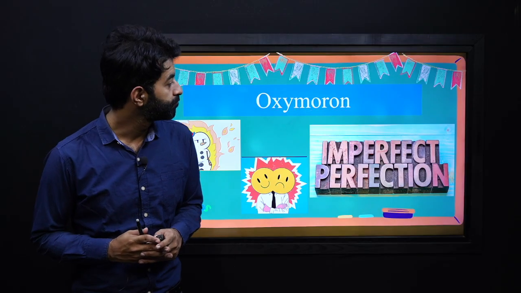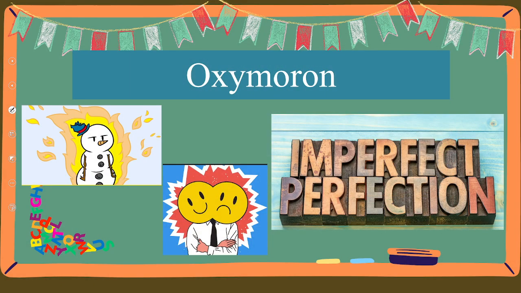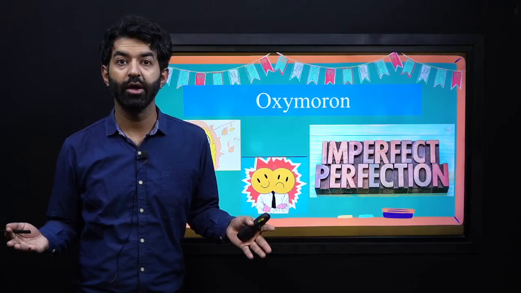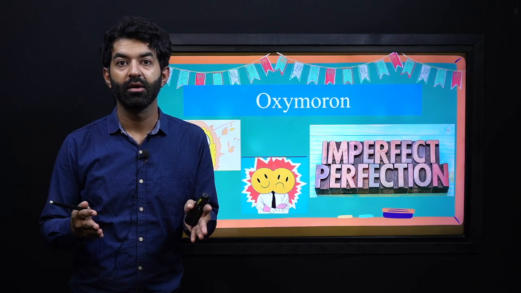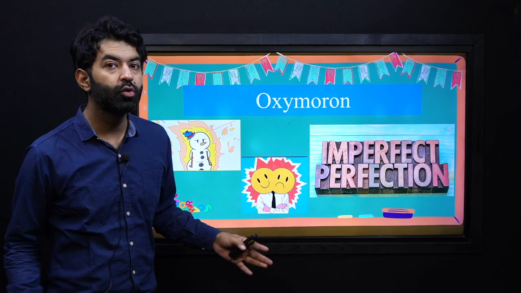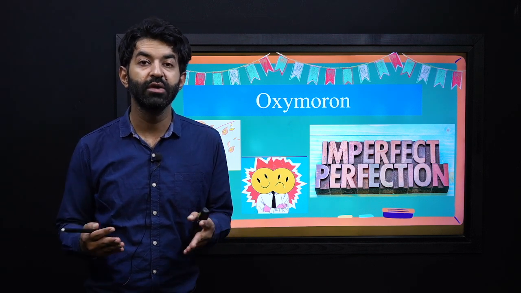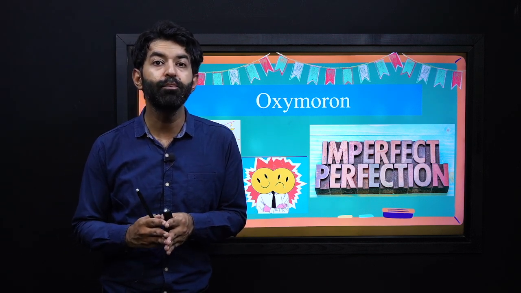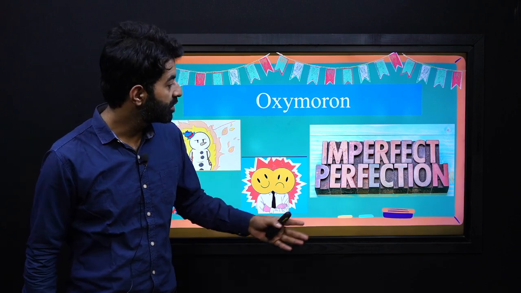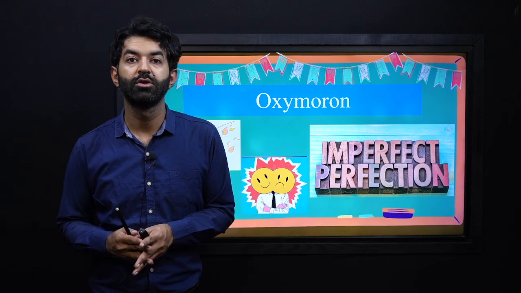All right. Here, you can see that a snowman is on fire. Isn't this oxymoronic, a snowman is burning on fire. Or somebody who is happy and sad at the same time. Or if we say this is an imperfect perfection, and these are totally opposite to each other.